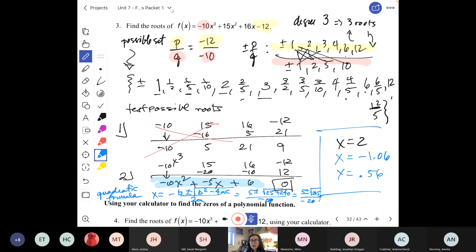In addition, if it's an even higher degree polynomial, how we could use the calculator in conjunction with synthetic division to find the roots, the solution to the polynomial function, the roots of the graph, and how to write it in factored form and graph it. So we're going to put it all together and then do one more topic.